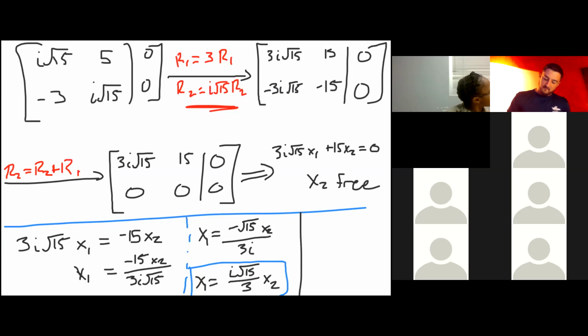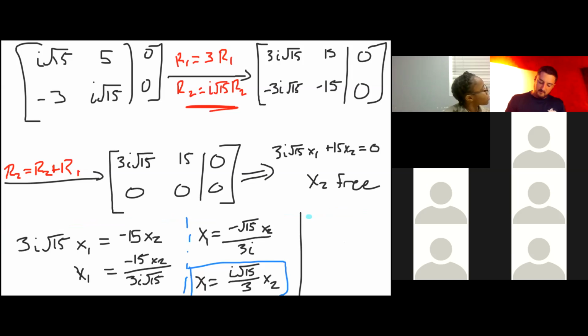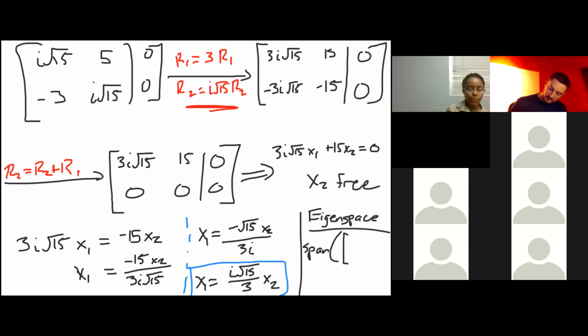So that means any eigenvector for this will have the form i square root of 15 over 3 and 1, times some constant x2, which means my eigenspace is the span of all vectors that look like i square root of 15 over 3 and 1.